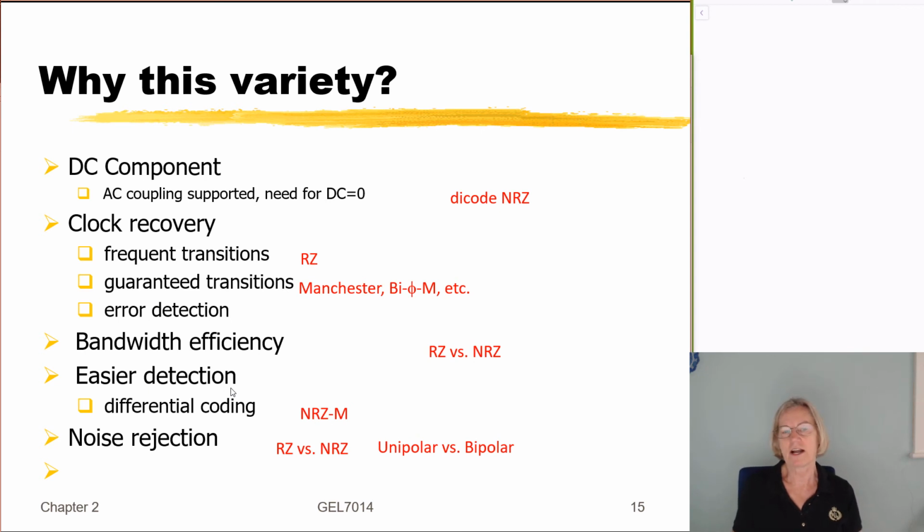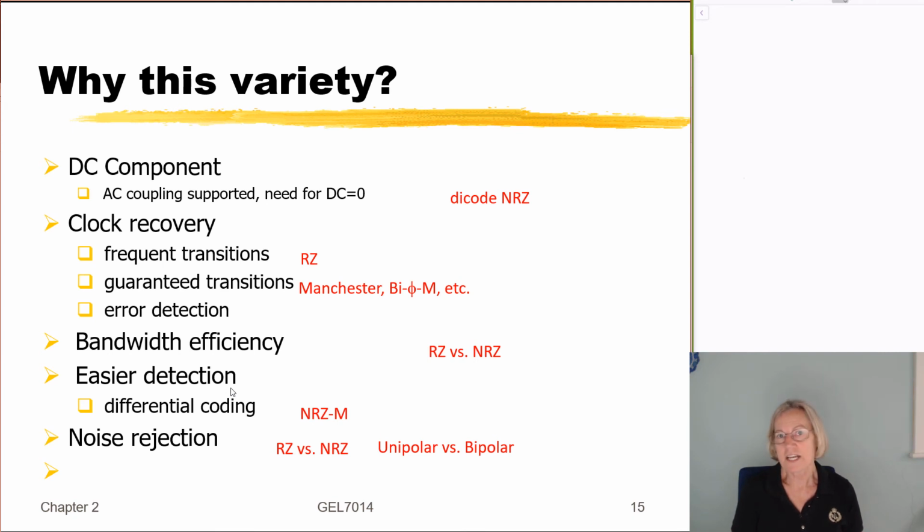Clock recovery. If your clock recovery circuit is challenged, if you need frequent transitions in order to do good clock recovery, maybe you'd want to return to 0. Maybe you need guaranteed transitions because you'll lose lock on your synchronizations if there's too long a sequence of no transitions.